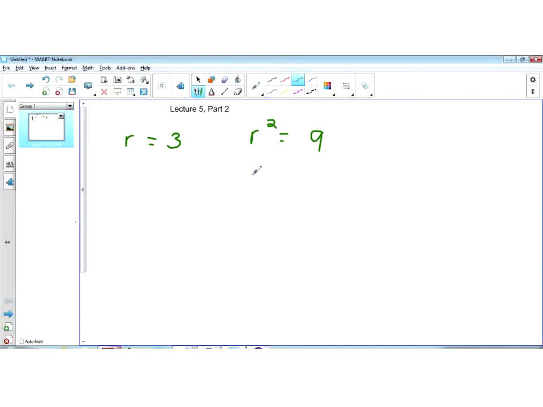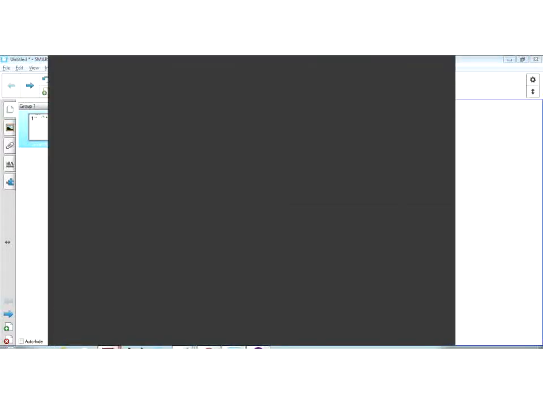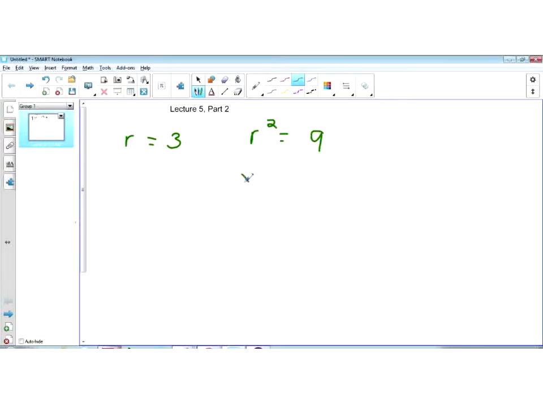If we were to replace r squared with its rectangular version, we would have x squared plus y squared is equal to 9.